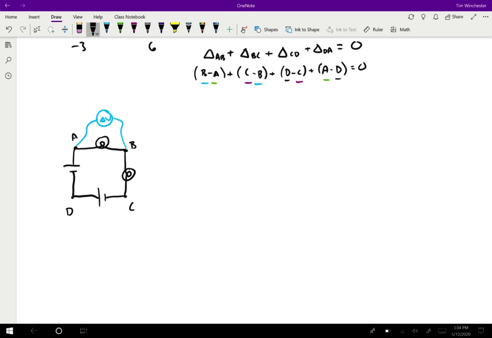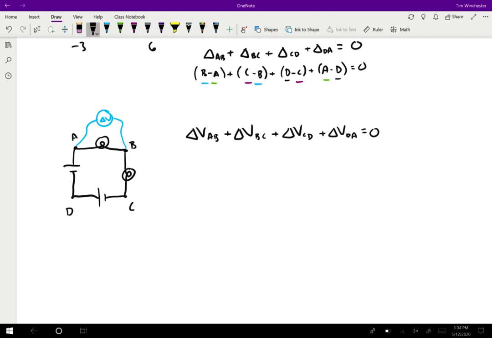Okay, and so if I do that, if I take delta V from A to B, and I take delta V from B to C, and I take delta V from C to D, and delta V from D back to A, they have to add up to 0.